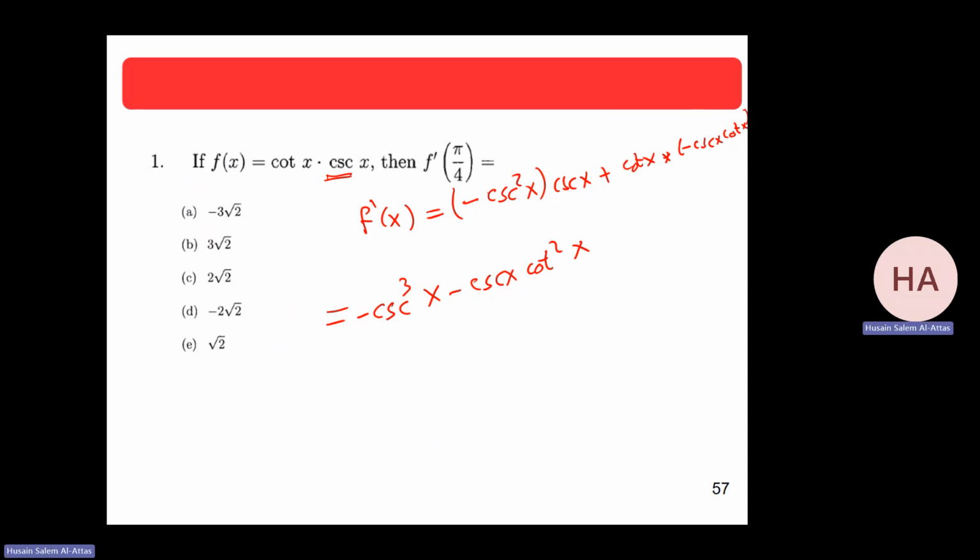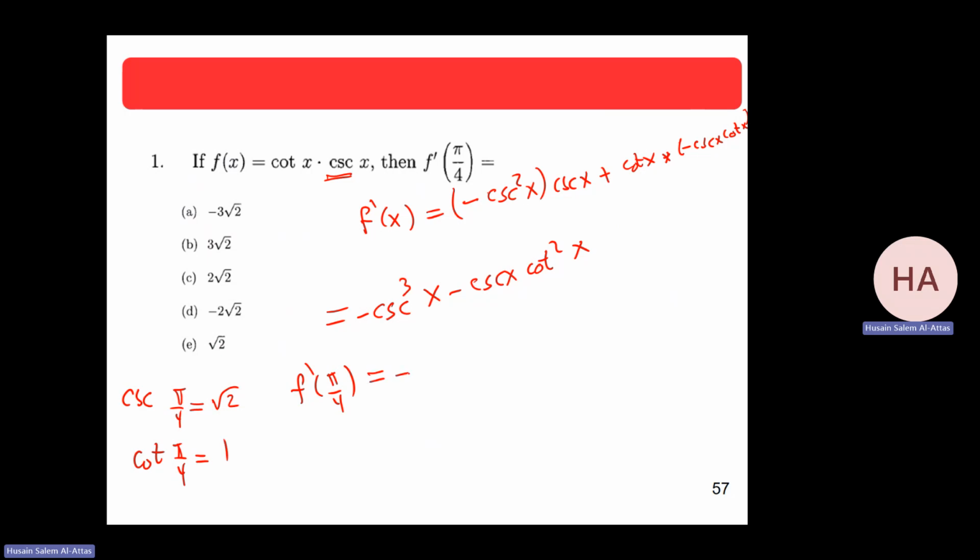I want to evaluate it. I know that cosecant of pi over 4 is square root of 2. So I have f prime at pi over 4, and cotan pi over 4 is 1.